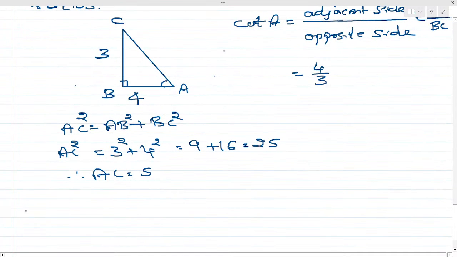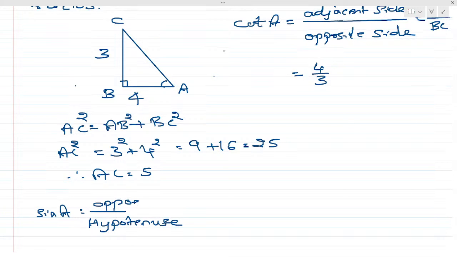Therefore, let's write the remaining 5 trigonometric ratios. Sin A is opposite by hypotenuse, where opposite is BC by AC, BC being 3, AC being 5.